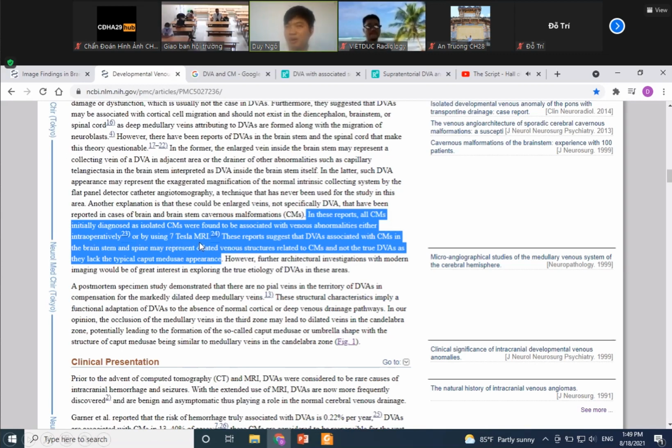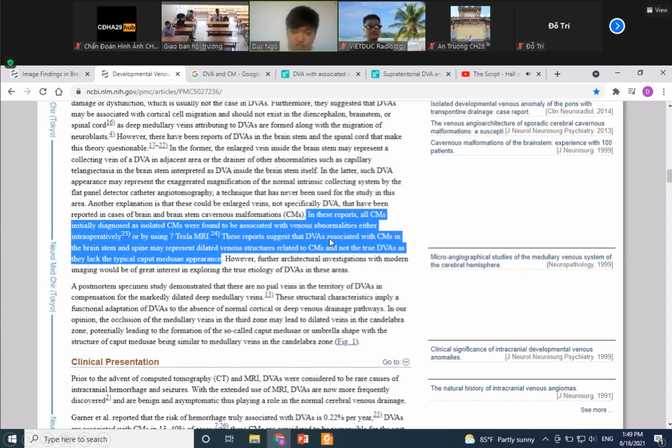So maybe we have a case of coexistence between the DVA and cavernous malformation that is not present on the MRI. We missed this due to some limitation in our machine or some other reason, but it can be found intraoperatively or using 7 Tesla MRI.